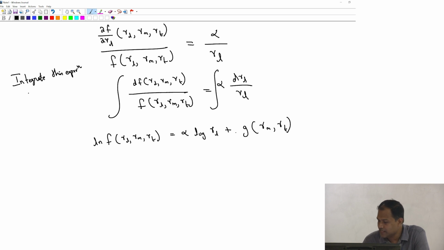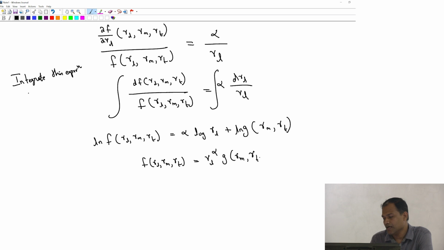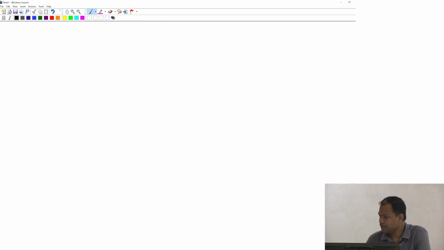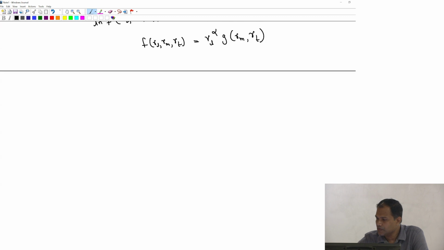In fact, I'll just write it as log of that, so that f, which is a function of RL, Rm, Rt, is nothing but RL to the power alpha times g of Rm, Rt. So this is what I get if I do it with respect to L.